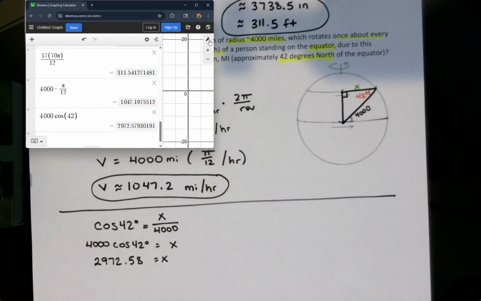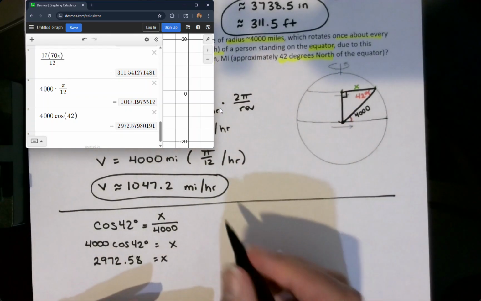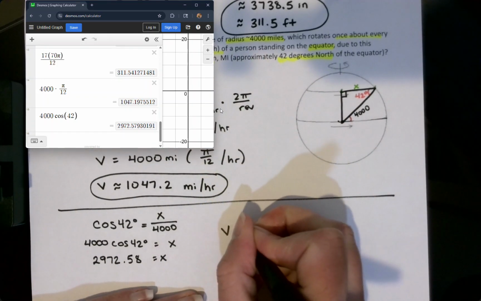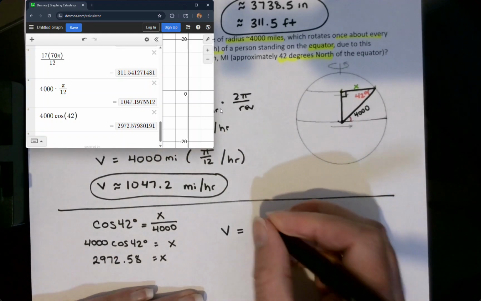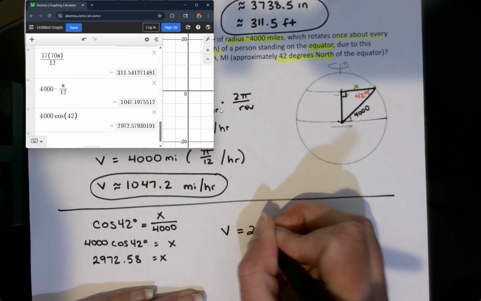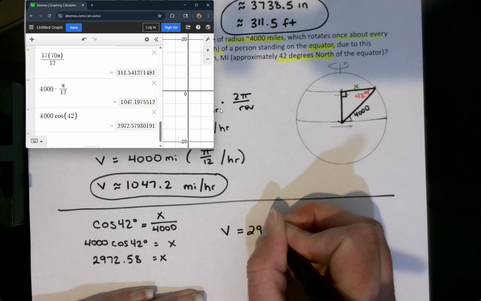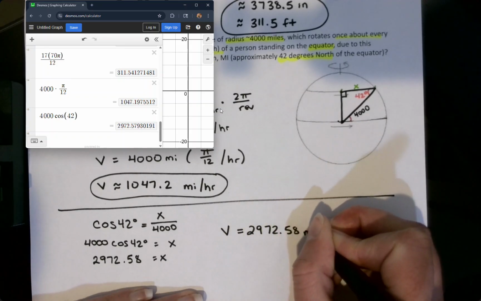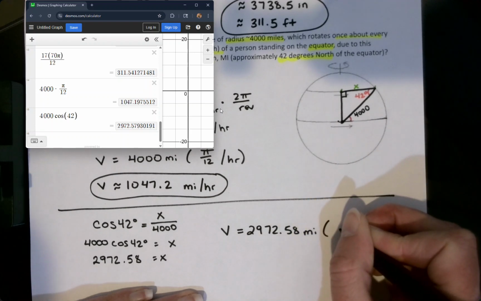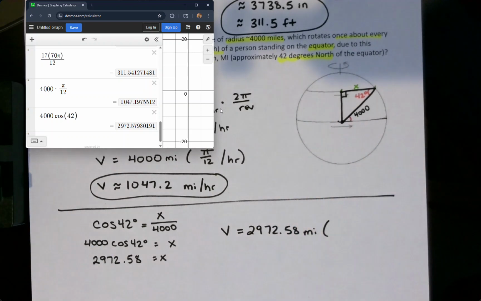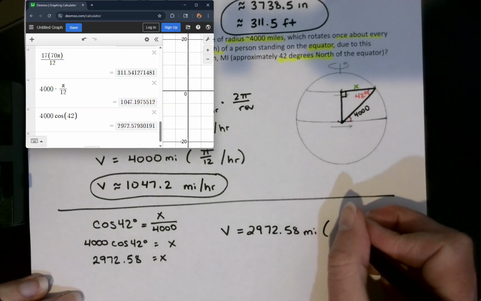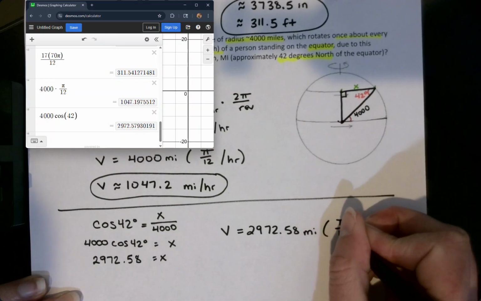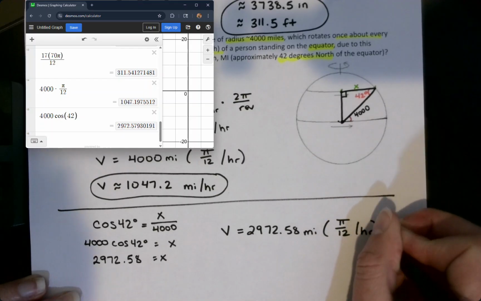Okay, so now we are going to do a similar calculation for velocity. The radius has changed to 2,972.58 miles times that still 24 hours to rotate, so times that reduced fraction of pi 12ths radians per hour.